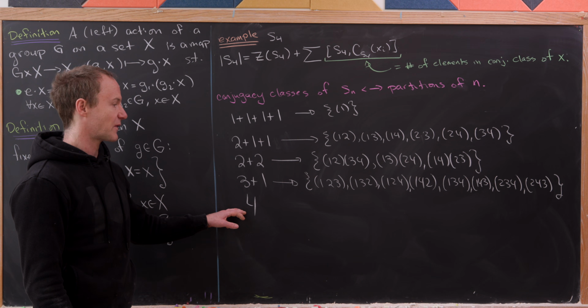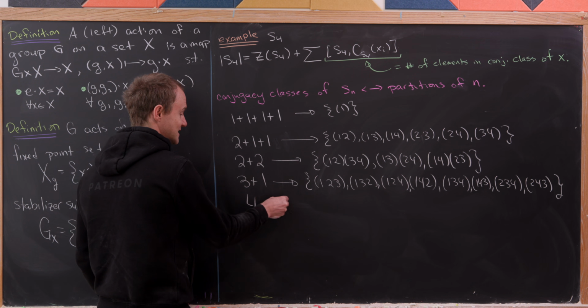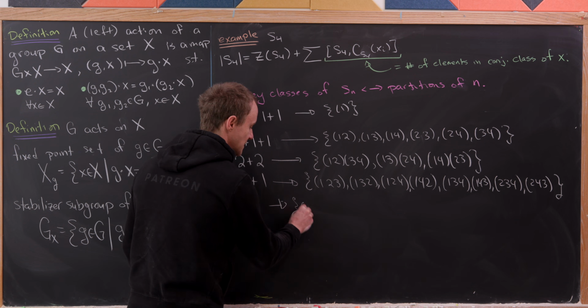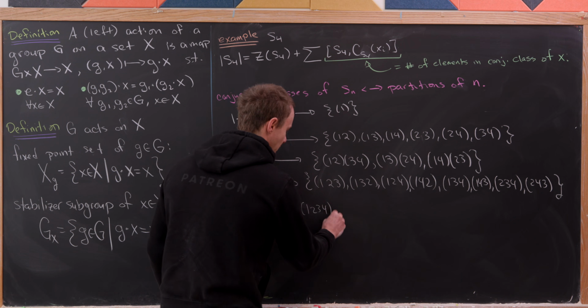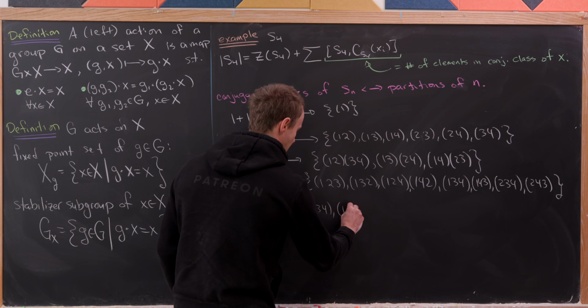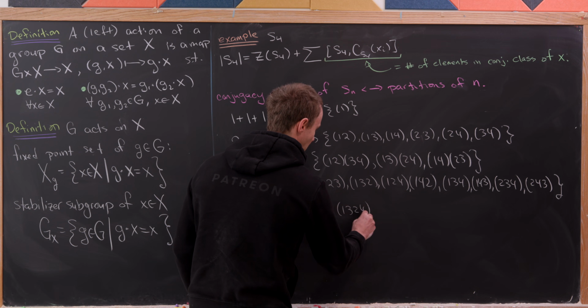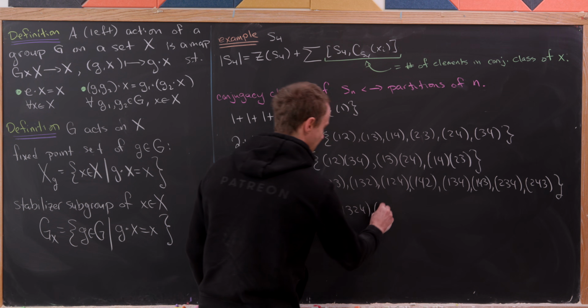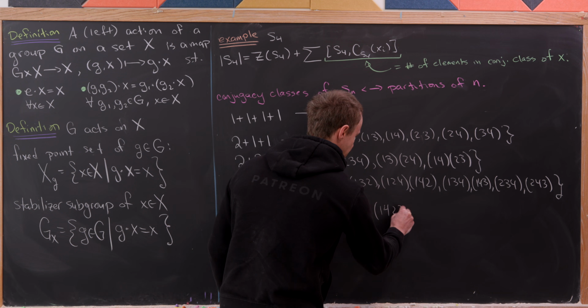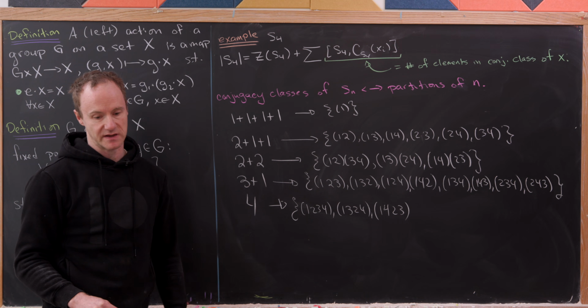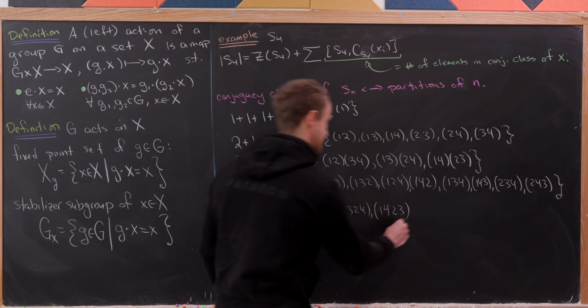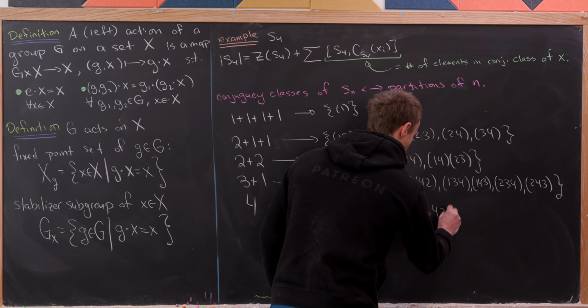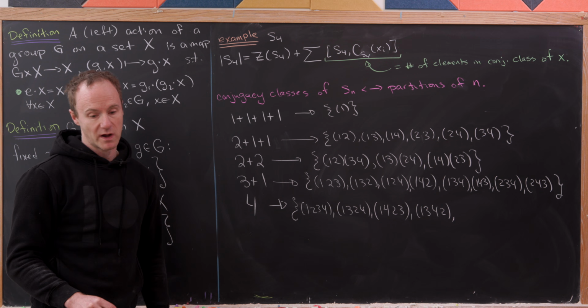And finally, you could have the partition 4, but that's going to be just a single 4 cycle. So let's see, you could have (1 2 3 4), that would be one way. You could have (1 3 2 4), that would be another way. You could have (1 4 2 3), that would be another way of doing this. You could have (1 3 4 2), that would be one example.